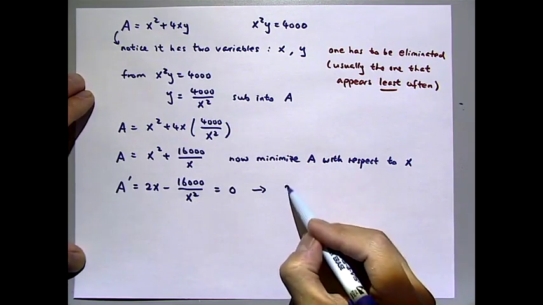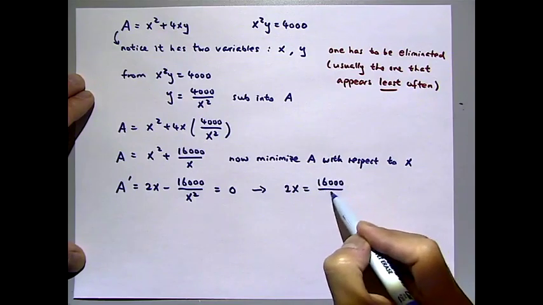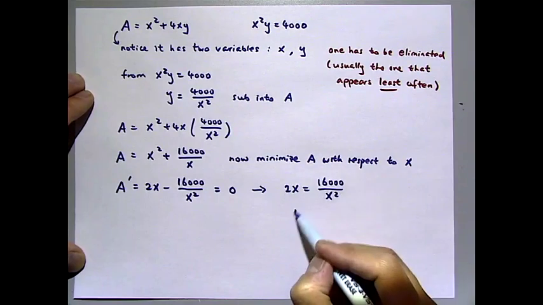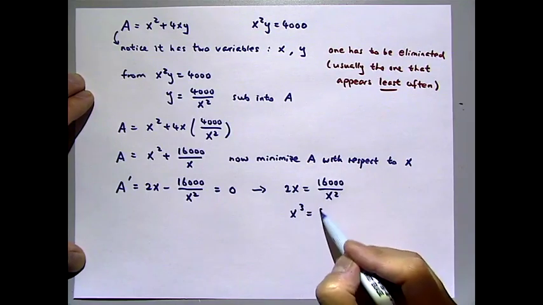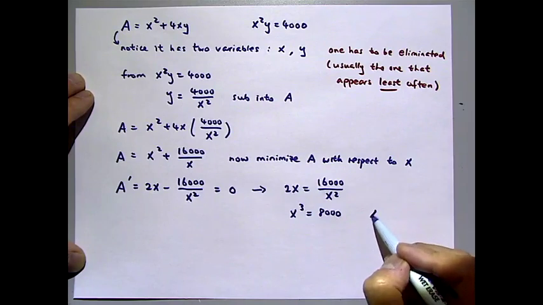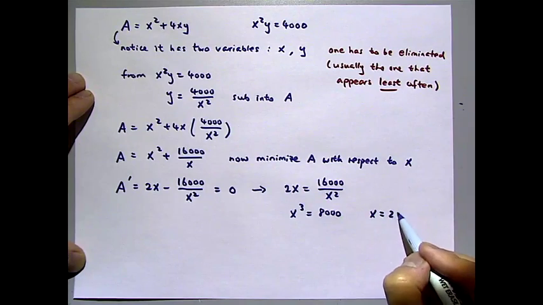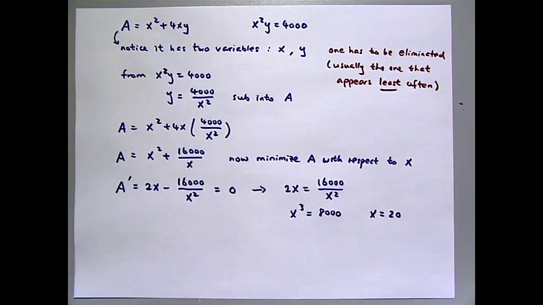So we see that 2x is equal to 16,000 over x squared, or x cubed is equal to 8,000. Therefore, x is equal to the cube root of 8,000, and that's 20. And that's my critical number.